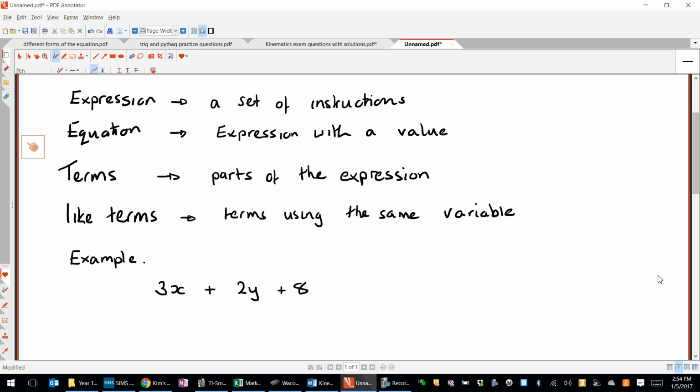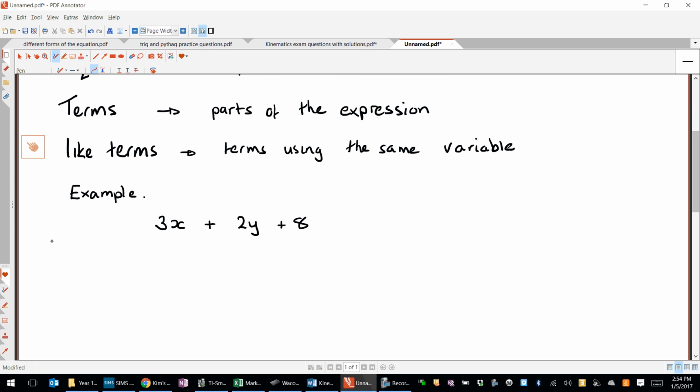So going back to our language thing, who could say that in English rather than in maths? Say it in actual normal English. 3x. What does 3x mean?